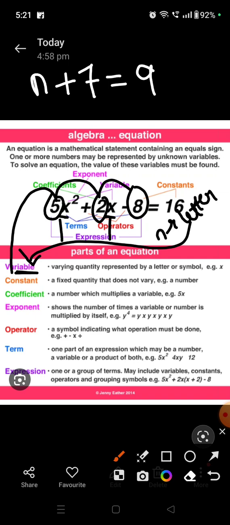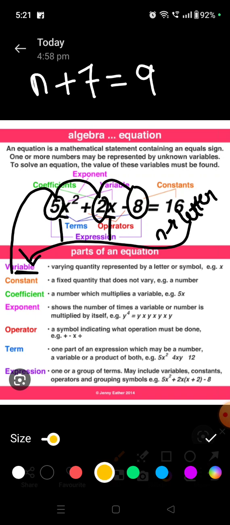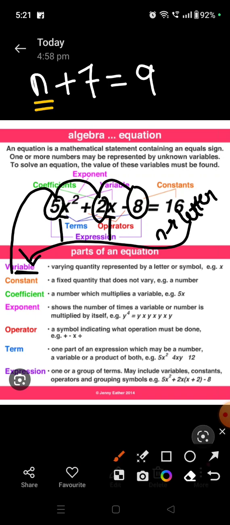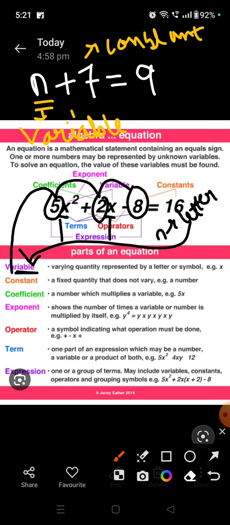So over here n is the variable. 7 is a constant. And this is also a constant.